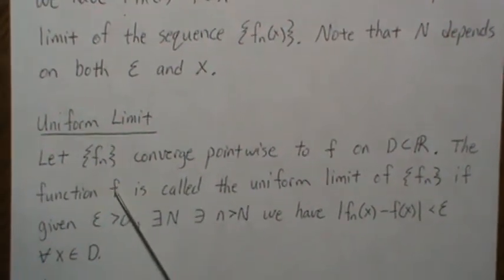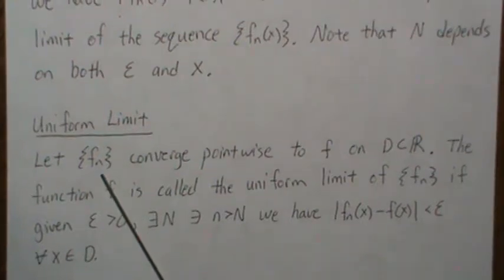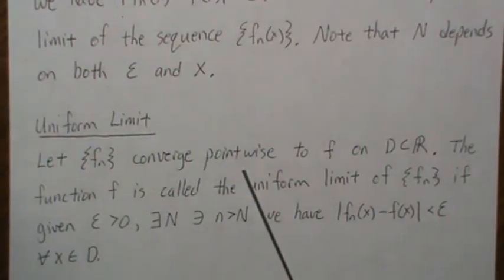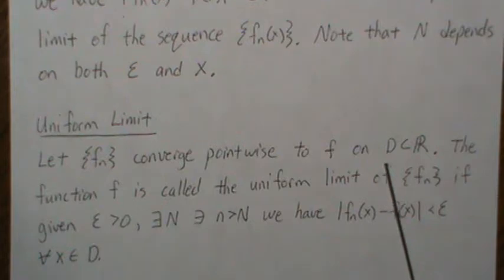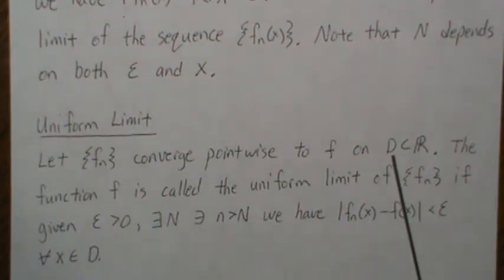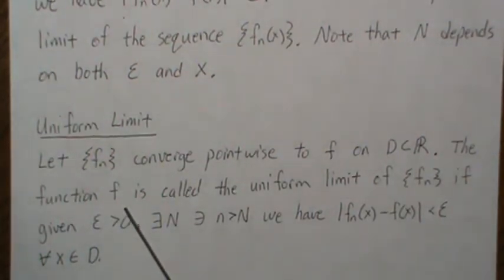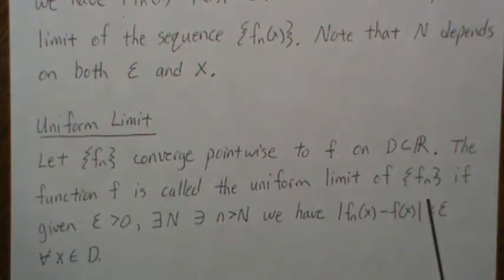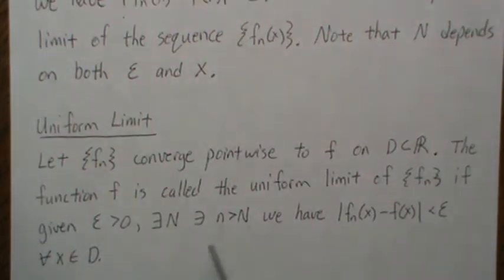Now the uniform limit. Let f of n converge pointwise to f on this set D. The function f is called the uniform limit of the sequence f of n if given epsilon greater than 0, there exists an N such that for little n greater than N, we have that f of n minus f is less than epsilon. And this is for all x.